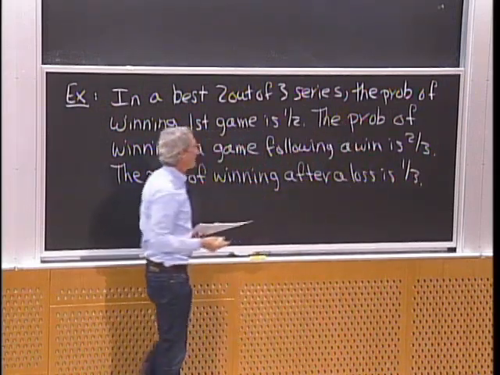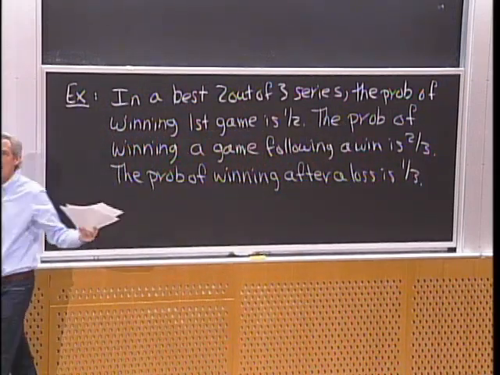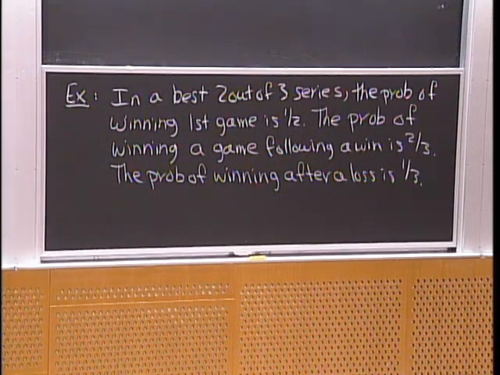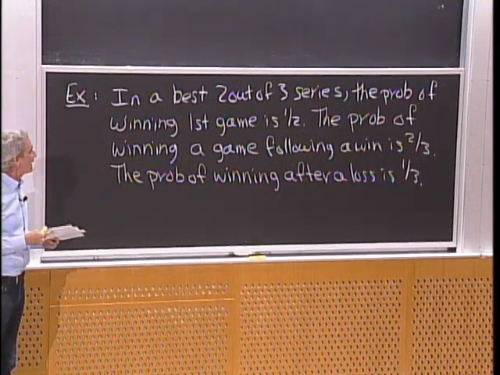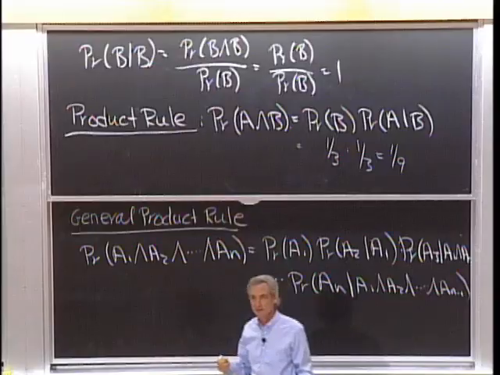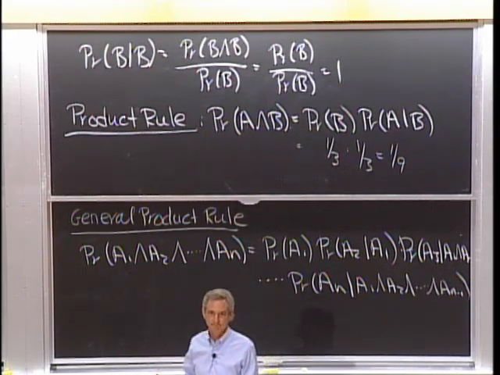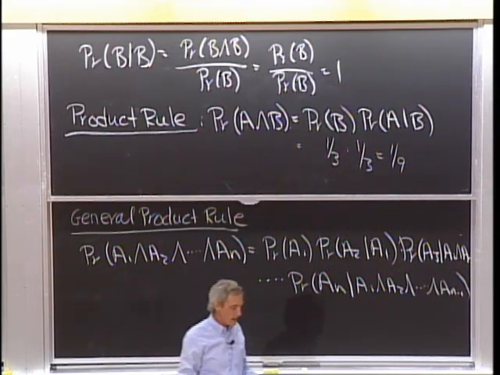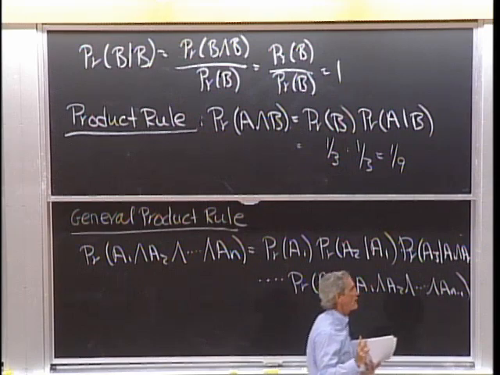The idea here is that you win a game, you're sort of psyched, you got momentum, and going into the next day, you're more likely to win. Similarly, if you lost, you're sort of down, and the other guy has a better chance of beating you. Now, what we're going to try to figure out is the probability of winning the series given you won the first game.